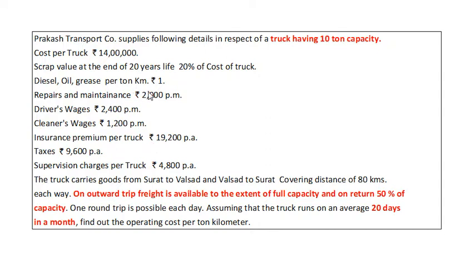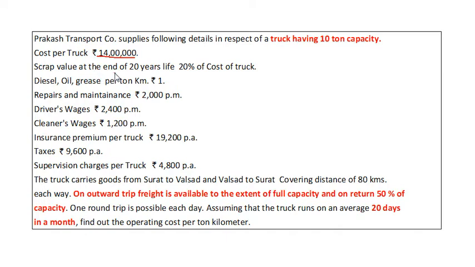First of all, let us understand the question. Here we have given information of Prakash Transport Company of a truck, one single truck having 10-ton capacity. It means loading capacity of truck is 10 ton. The cost per truck is rupees 14 lakh.